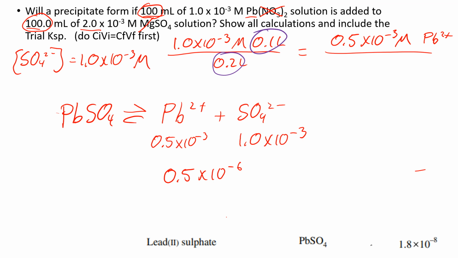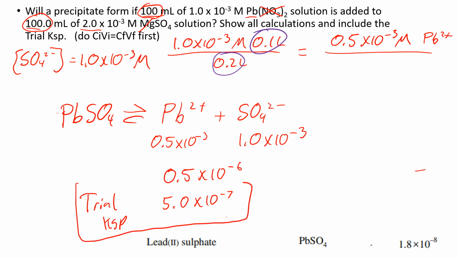That's not the best way to write scientific notation, so I'm going to move my decimal place one over. So it's 5.0 times 10 to the minus 7. This value we just came up with is my trial KSP, sometimes known as Q or TIP, trial ion product. It's all the same thing.